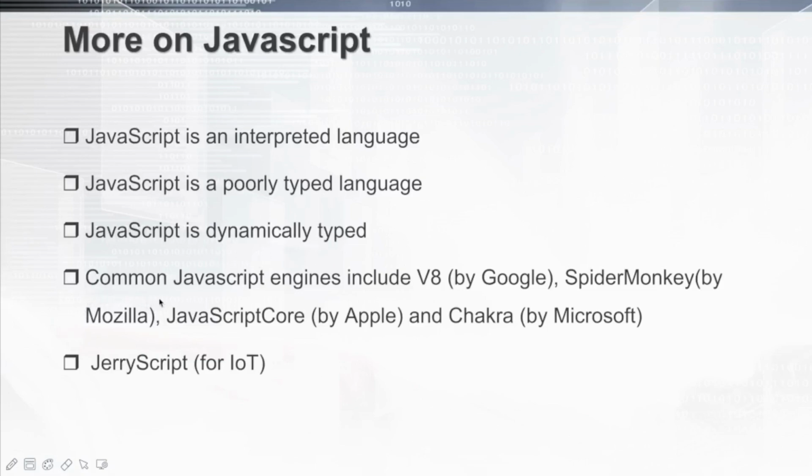Then we have JavaScript engines that are used in running JavaScript. So like I mentioned before, every browser has the ability to execute JavaScript. So that's why you can see all this interactivity, dynamic functionality, and so on web pages when they are run in browsers.